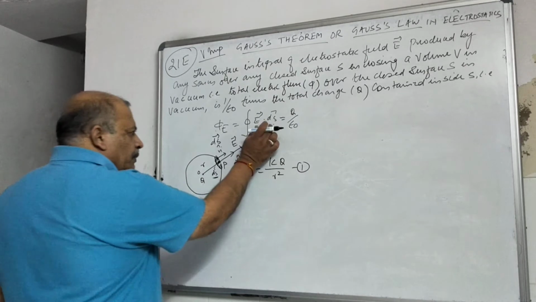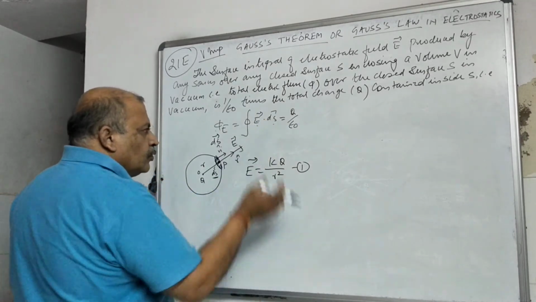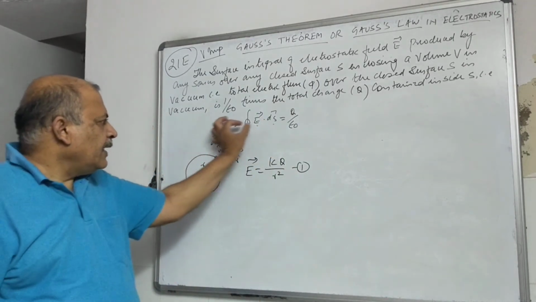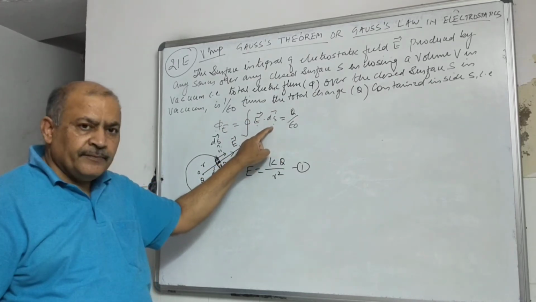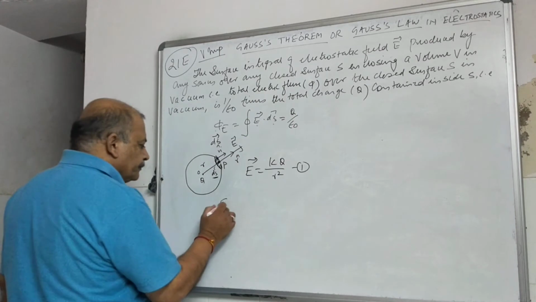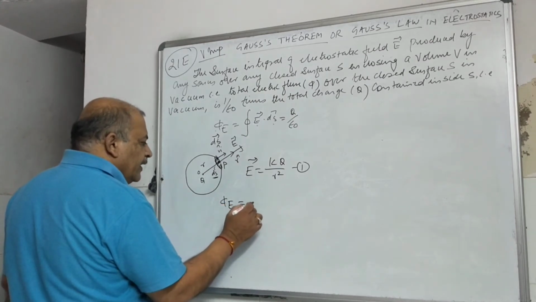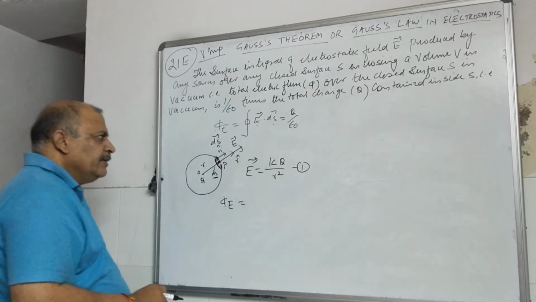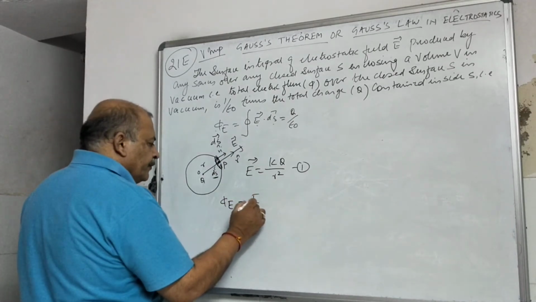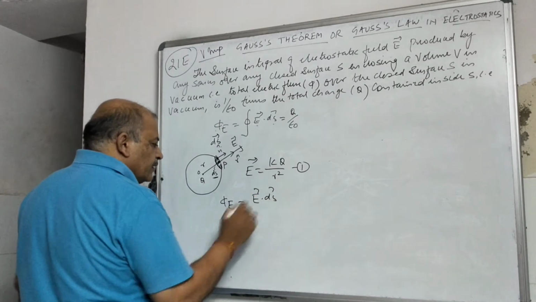Now I want to prove that this part and this part are equal to this. I will start from here. If I start from here, that is phi E equals, if I take this small part and assume here E into ds.